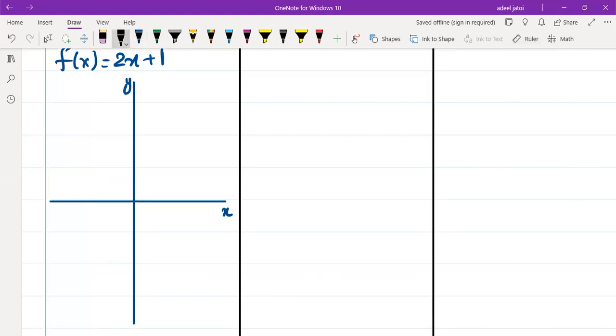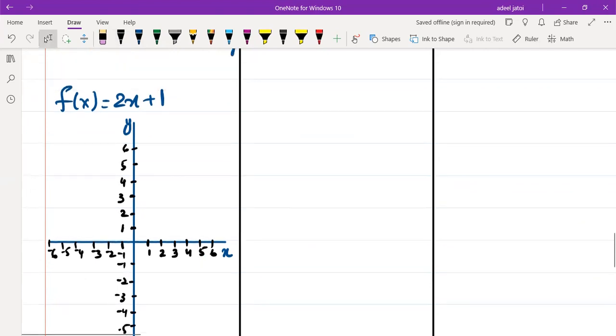On x-axis, you have points 1, 2, 3, 4, 5, 6, and you will have -1, -2, -3, -4, -5, -6. Similarly, on y-axis, you'll have 1, 2, 3, 4, 5, 6, and -1, -2, -3, -4, -5, -6.